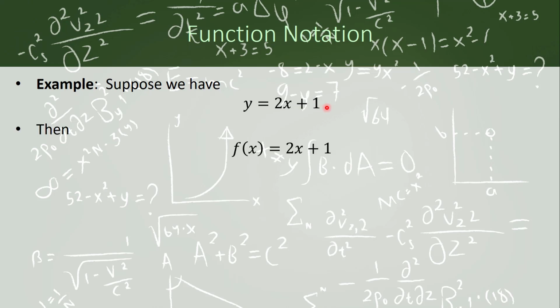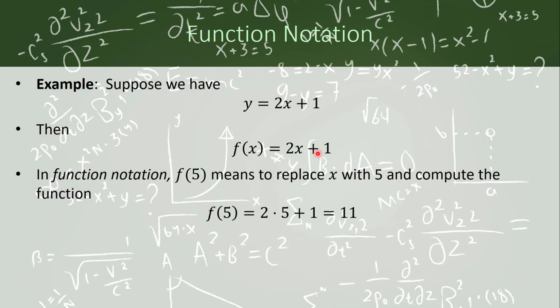We can write this in function notation as f of x, or f, which is a function of x, is equal to 2 times x plus 1. That's beautiful. What's so great about this? Well, suppose I wanted to evaluate this at x equals 5. In function notation, we would write that as f of 5, where we're just replacing x with 5.